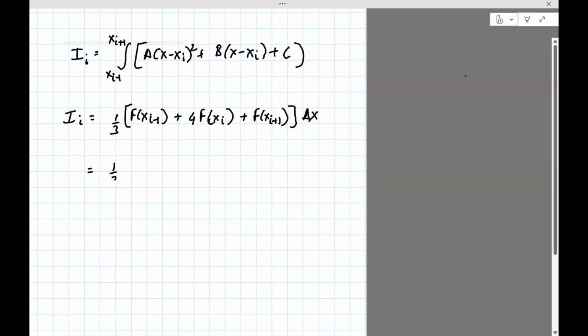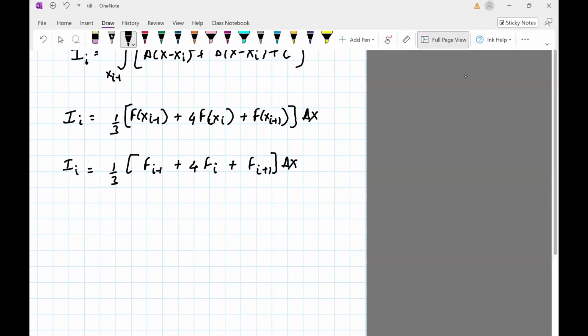Sometimes, and this is probably a better way to write it, like a shorthand, we'll write f of xi minus 1 as f of i minus 1, plus 4 times f of i plus f of i plus 1, times delta x. You could write it either way.